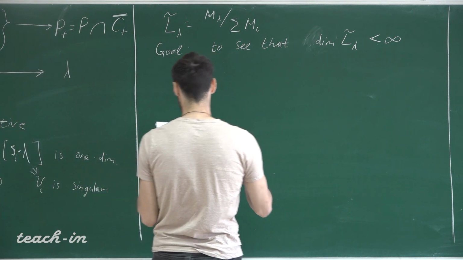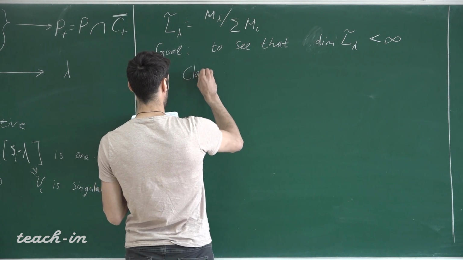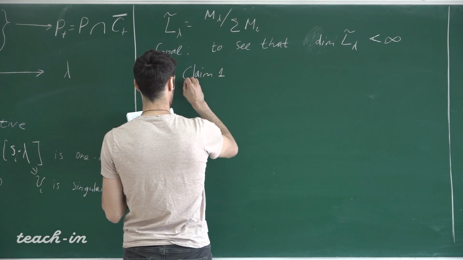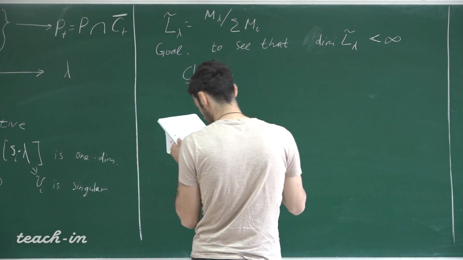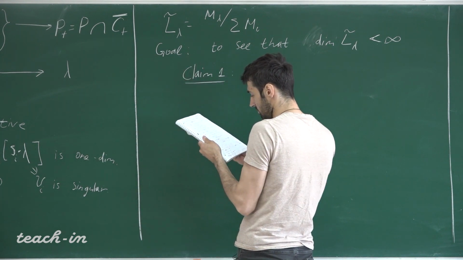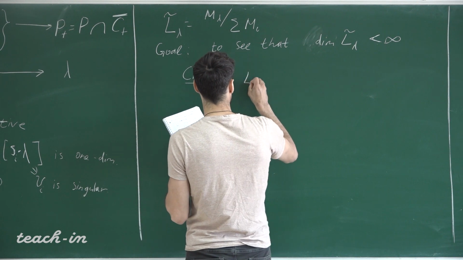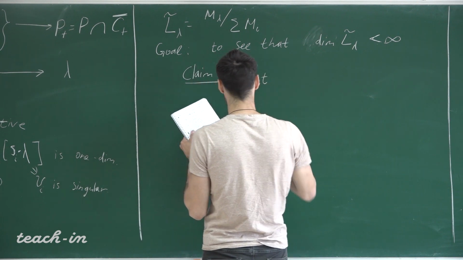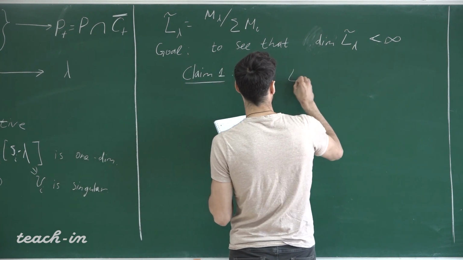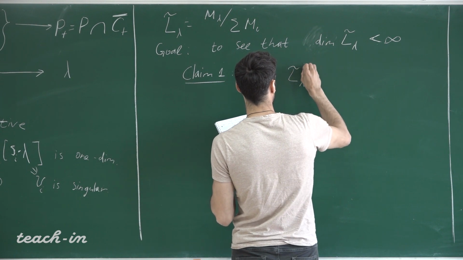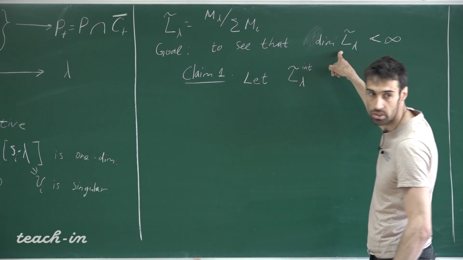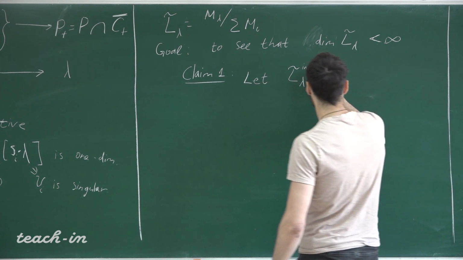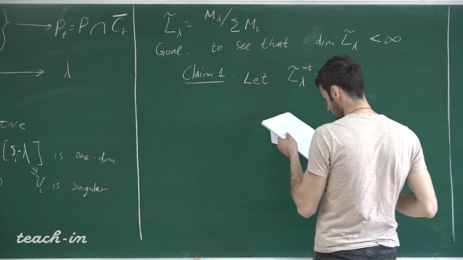So the proof will need a few claims. So claim 1, actually 3 of them. We will need the following, and this is the most technical one. Let us consider some subset inside L lambda tilde. It is defined as follows.